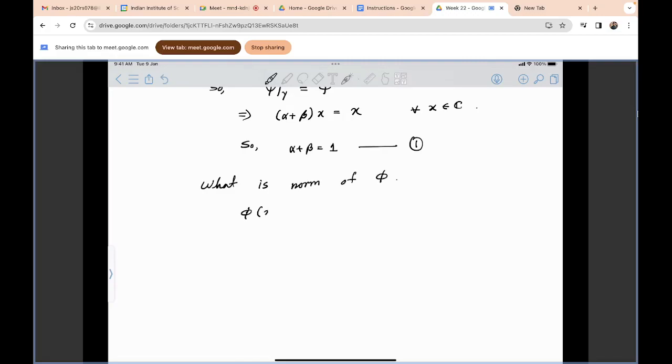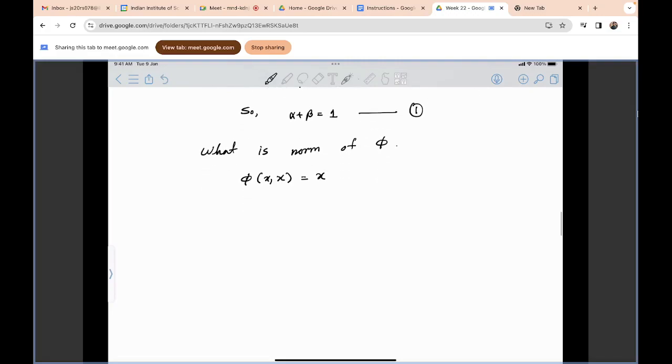We have p of (x, x) is x. So norm of p means supremum of mod p(z), where z belongs to the unit ball with the sup norm, so norm of z is less than 1.